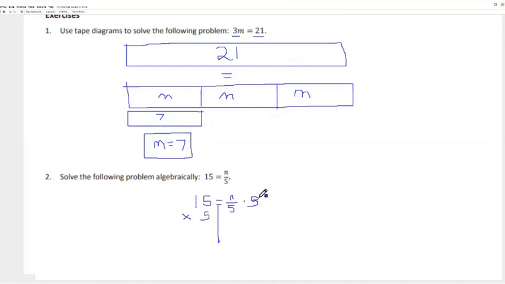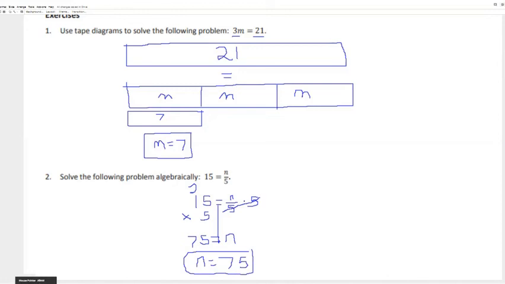So I do this because these 5s cancel out. That's 5 divided by 5 gives me 1n. And now I do the multiplication. 5 times 5 is 25. Carry the 2. 5 times 1 is 5, plus 2 is 7. So 75 equals n, but really we want to put the n first. N equals 75. All right, so there's your solution for that one.